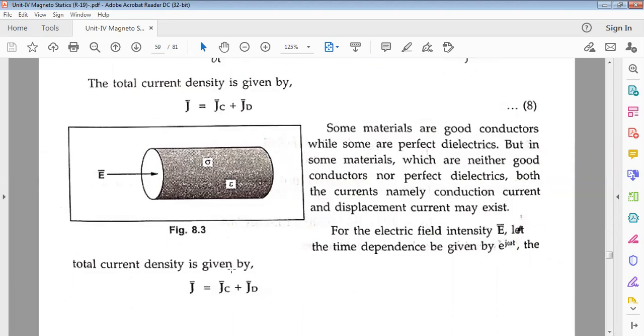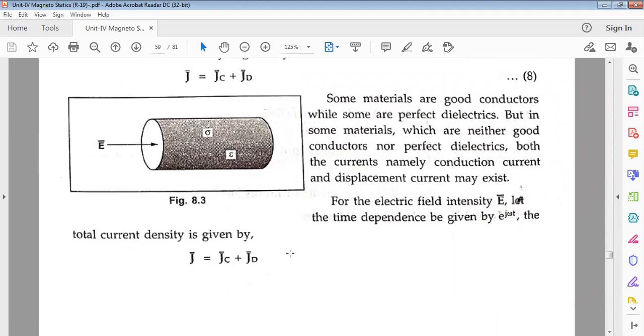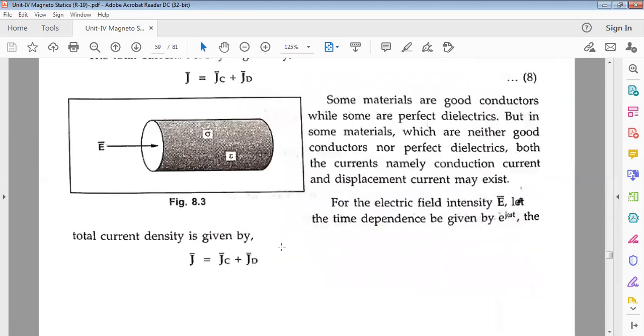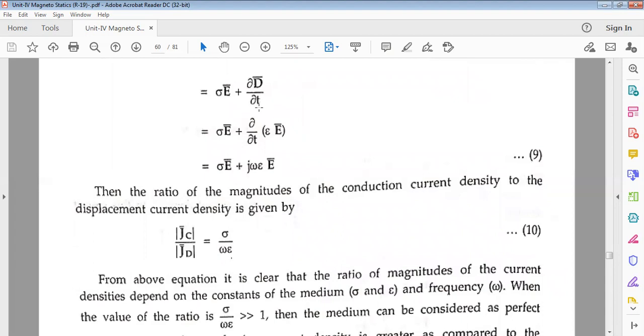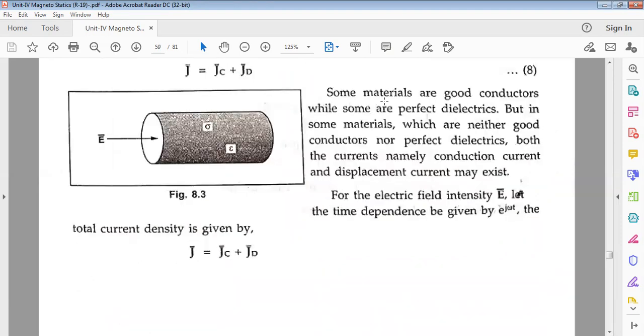Then the total current density is J = JC + JD, where JC is σĒ and JD is ∂D̄/∂t, and ∂D̄/∂t is nothing but ε times ∂Ē/∂t, so we get σĒ plus ε ∂Ē/∂t, and ∂/∂t is replaced with jω.